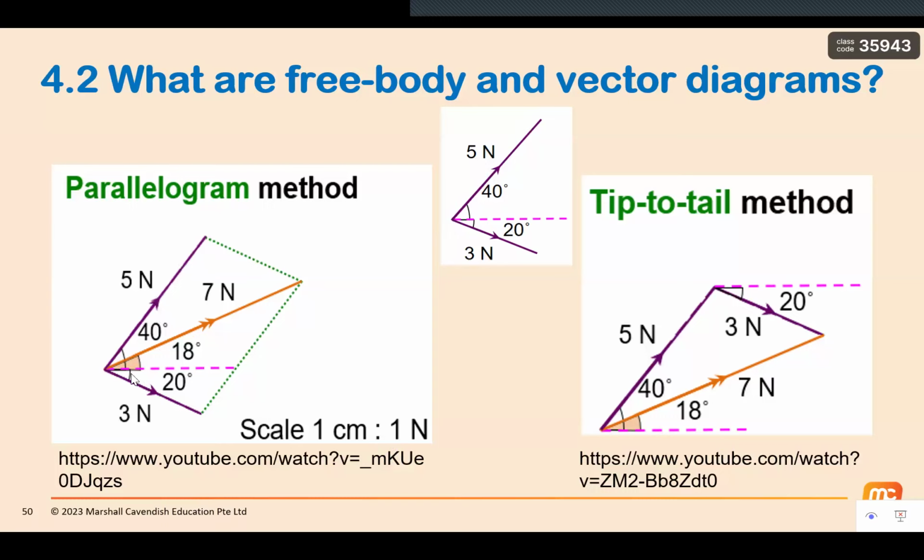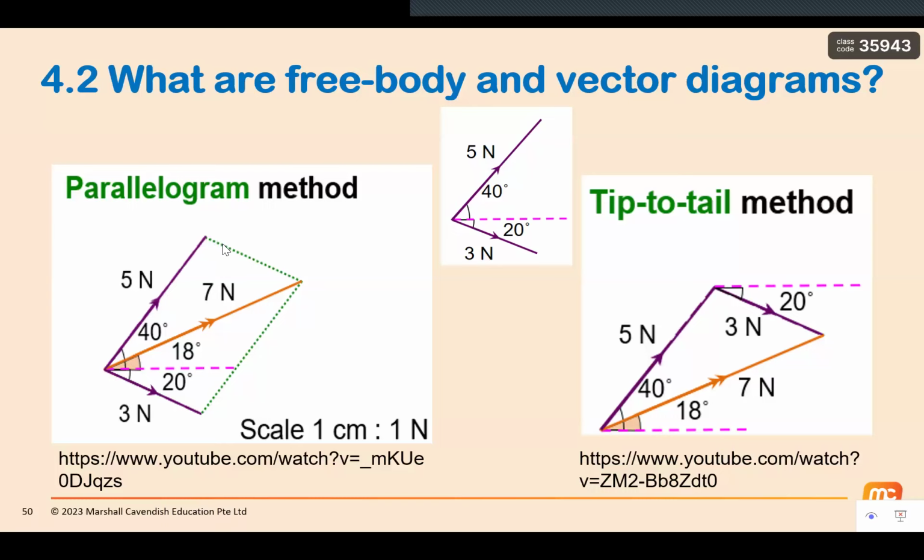So it's 5 Newtons, and then I measure 20 degrees, draw a line 3 cm, and label it with an arrow to show that it's a force, and label it 3 Newtons. Okay, then what do I do for the parallelogram method? I complete my parallelogram. So I'm going to shift this entire 3 Newton line upwards.